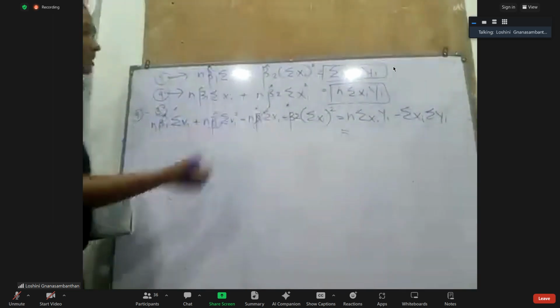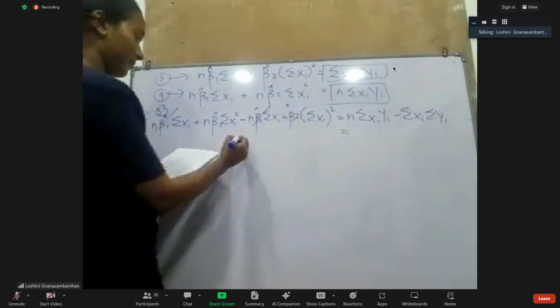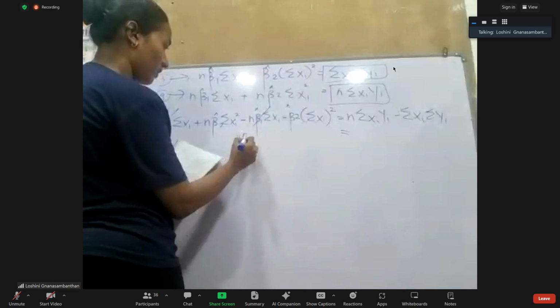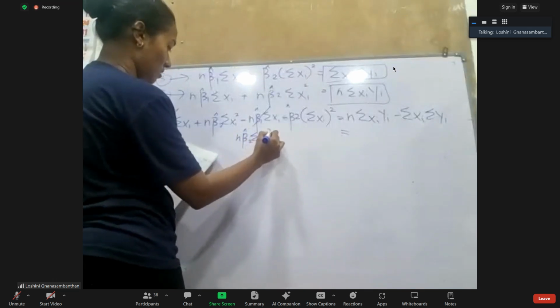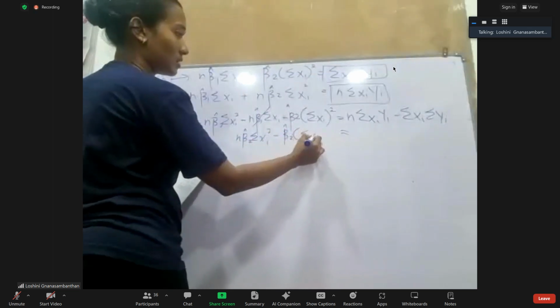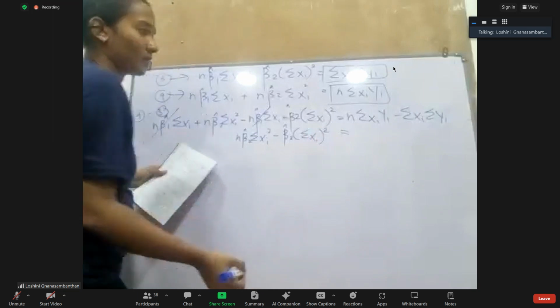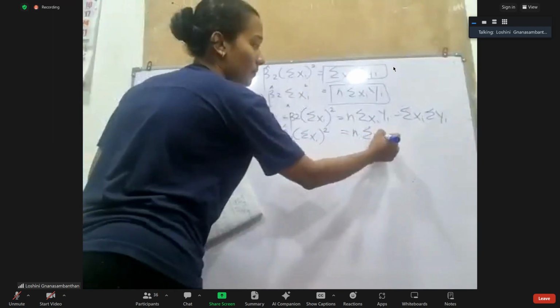This and this will get cut. So what will remain is n beta 2 hat minus I square minus beta hat sigma x I square. This will remain the same. Just one will cancel.